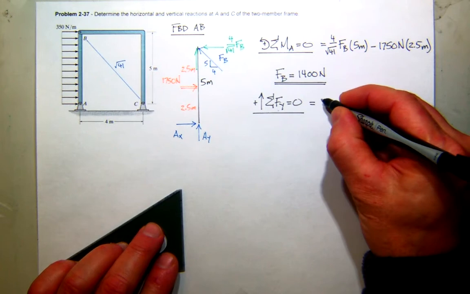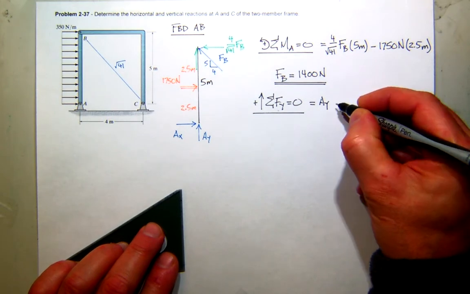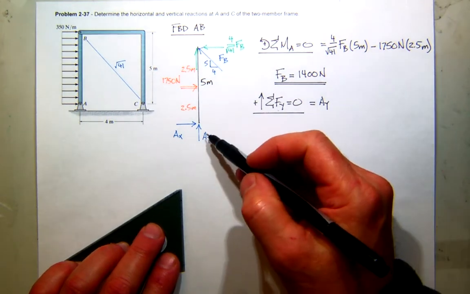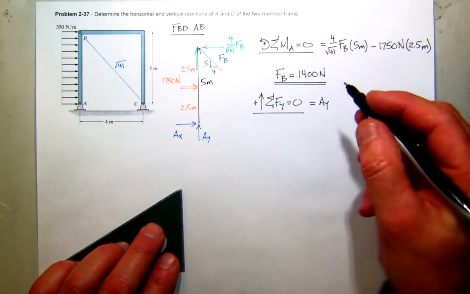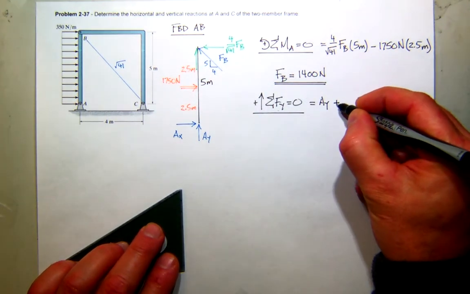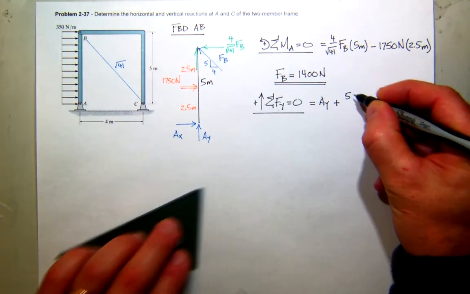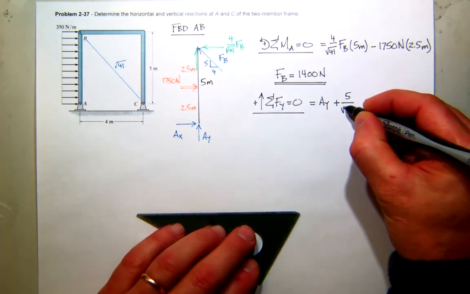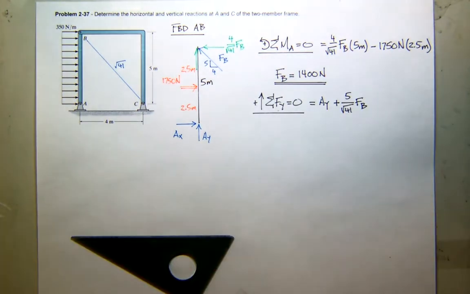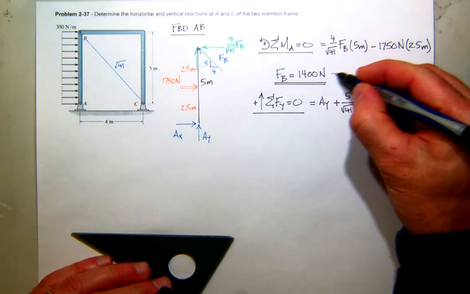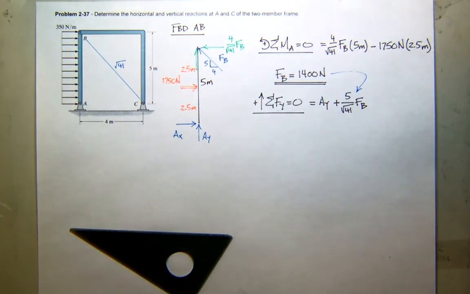It is acting up, so we'll assume that's positive. What else is acting in the y direction? Looks like the y component of FB, right? And that's also up, and that's going to be 5 over the square root of 41 FB. And of course we know FB, so plug it right in there.